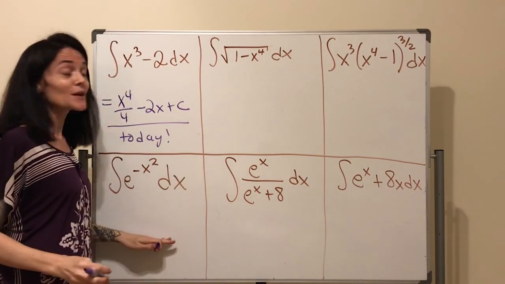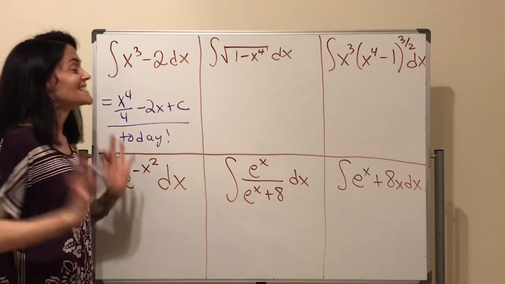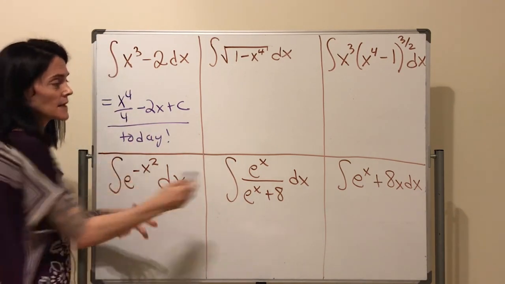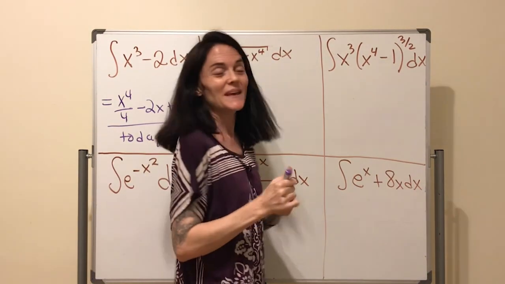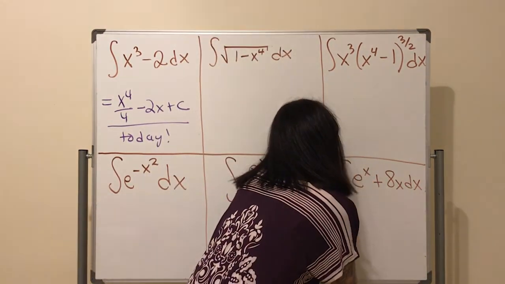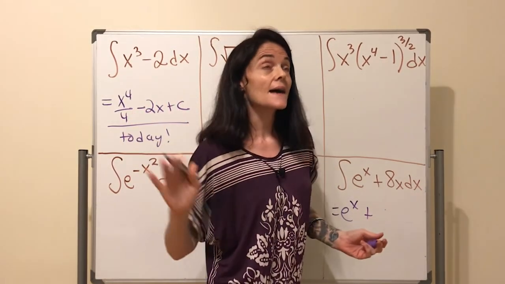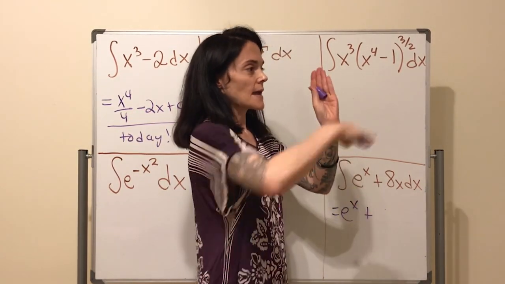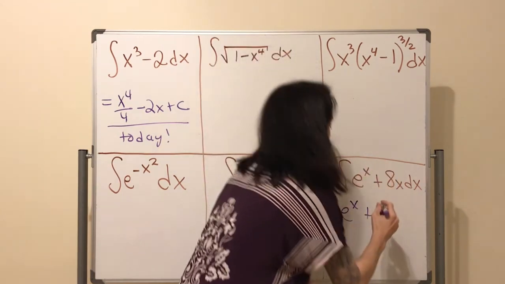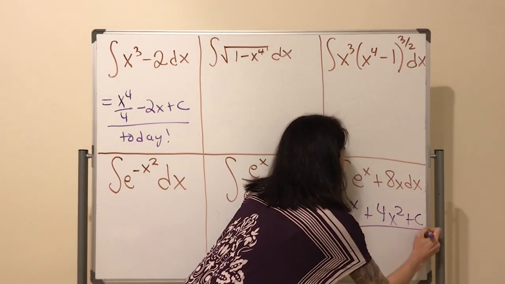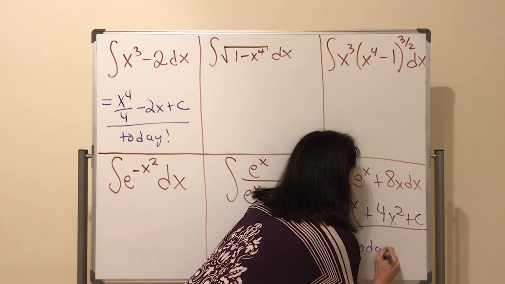And then if we look in the bottom row, the one that should jump out at you as being able to do right now is this one. Okay, we integrate e to the x, we get e to the x, and then here we integrate 8x. We're going to have 8x squared over 2 or 4x squared. And this one we do today.